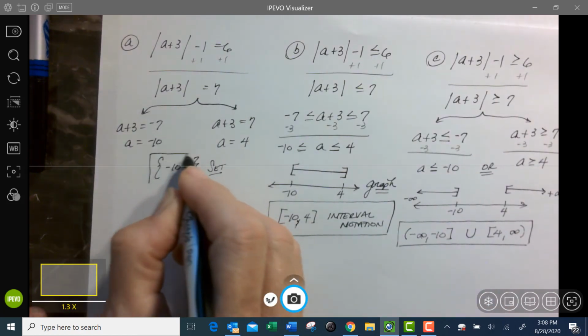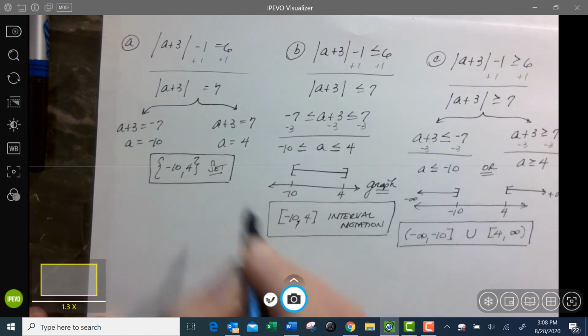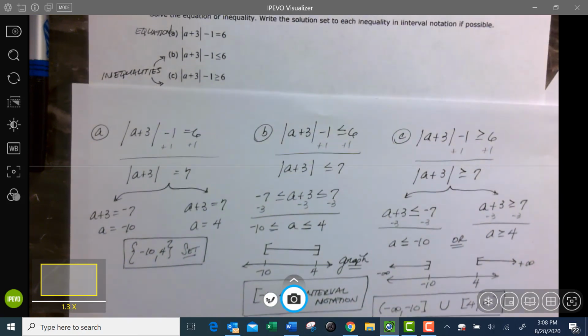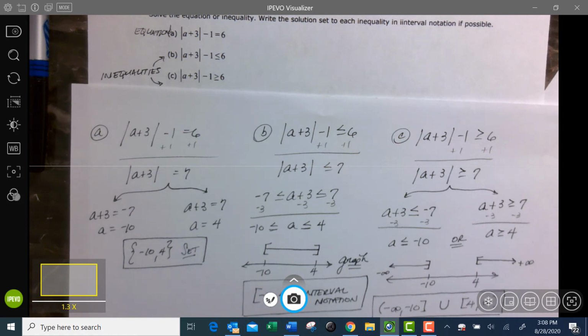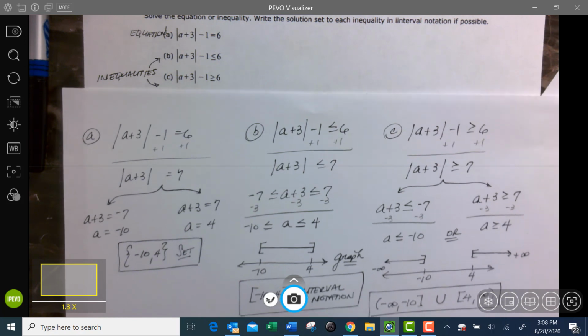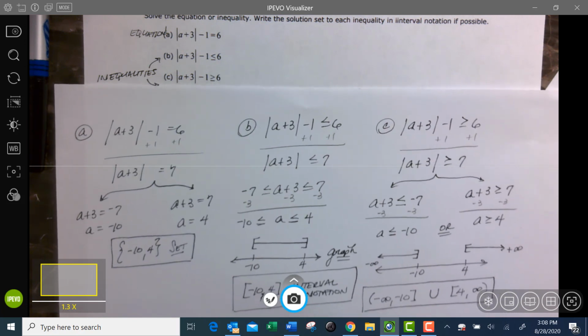So it's very important you see all three versions, that you recognize the difference in the way the question is asked, the difference in the answer, and the difference in the processing to get to the answer. Again, these are often asked all in the same section of your college algebra book. So it's imperative that you recognize the three different methods for the three different questions.